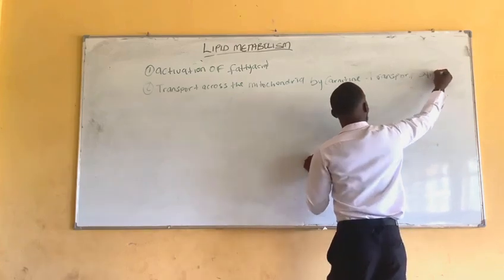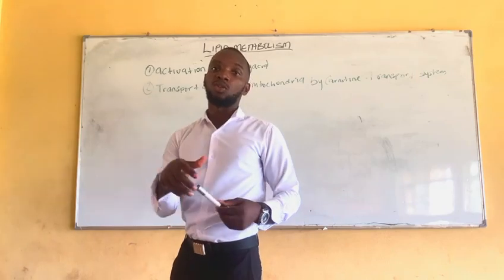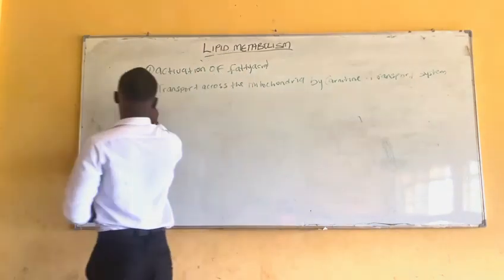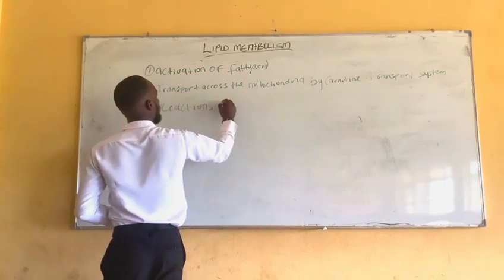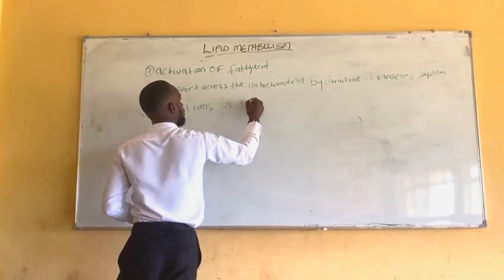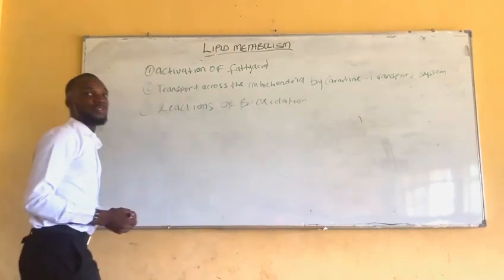And then the third one is the reactions of the beta oxidation pathway that occur in the mitochondrial matrix. That's the third part of it, the reactions of beta oxidation.